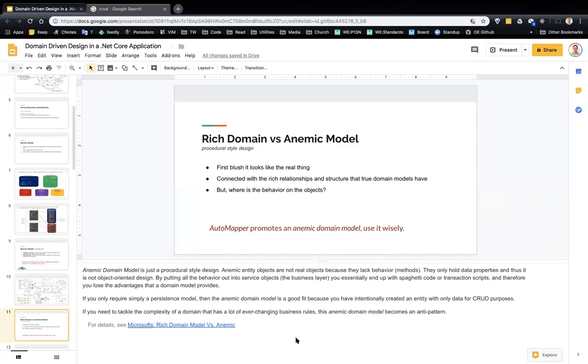You want to structure your code in a way that you can easily change business rules in the future. With an anemic model, it's not like that. It's more of a spaghetti type of code, more of a this-is-how-it-should-be-at-this-moment type of thing. So if your domain is complex, the anemic model becomes more of an anti-pattern.